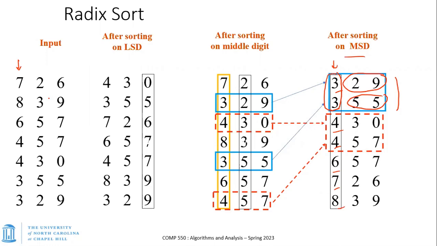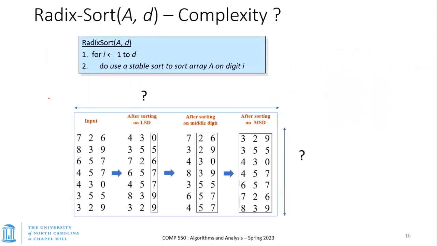There's no shortage of algorithms when it comes to computer science students. So you can come up with your own algorithm and see maybe you can still continue to use counting sort using MSD. Okay. So next, let's take a look at the complexity. All right. So any thoughts on the complexity?